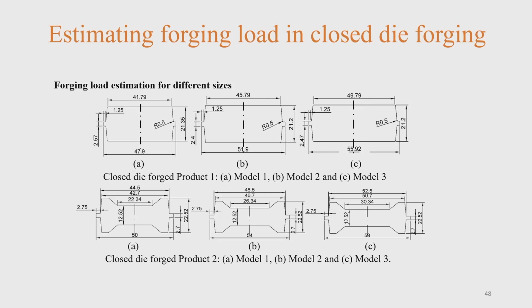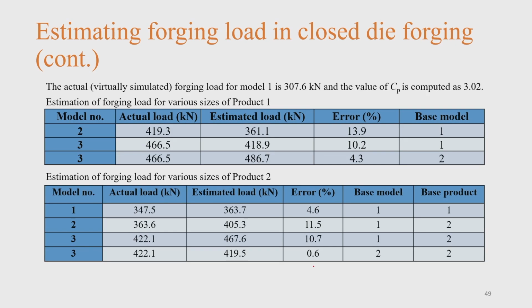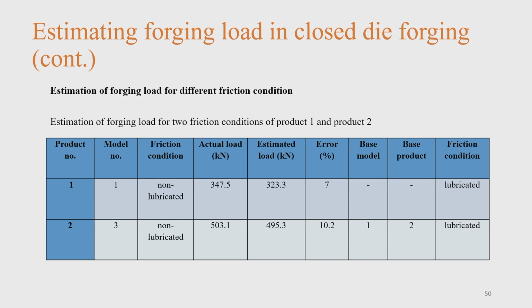This is shown here. Suppose we have got different products, and we have got closed die forged product 2, and based on those you can predict the load for a new situation. These results are there, we will not discuss that much.